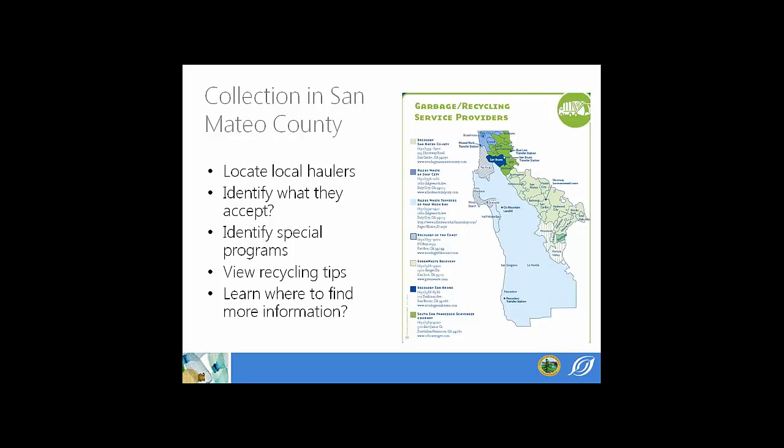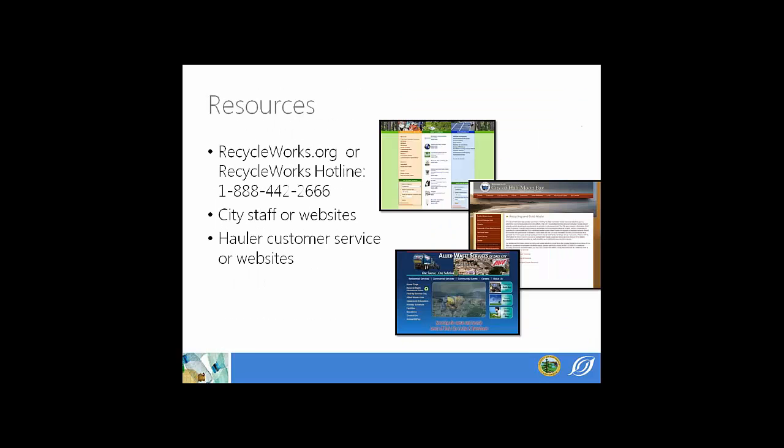So that is most of the information that we're going to cover on solid waste and recycling. The thing that I do want to make sure that everybody knows about is the Recycleworks.org website. I'll show you a little bit more as we go on, but through the website, if you go to recycleworks.org, you can find out information on who your local hauler is, what they accept, if there are any special programs for recycling, lots of great things, and I'm going to talk a little bit more about that in the next section, but be aware of that.